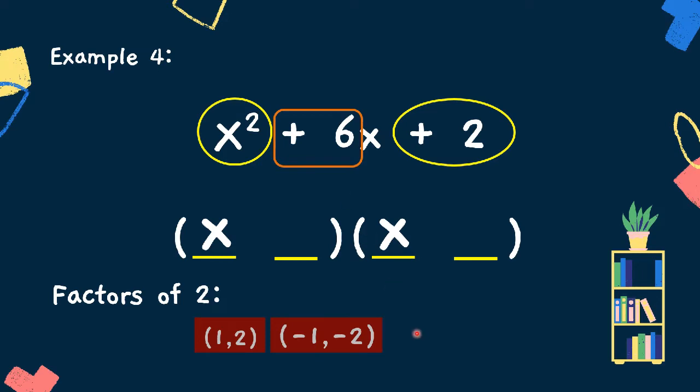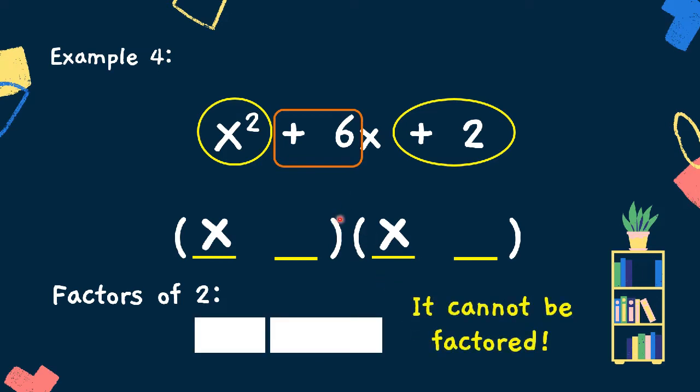In this case, we can conclude that the given polynomial is a prime polynomial, or it cannot be factored, because its only factors are 1 and the polynomial itself. Take note that there are polynomials that don't have factors other than 1 and itself.